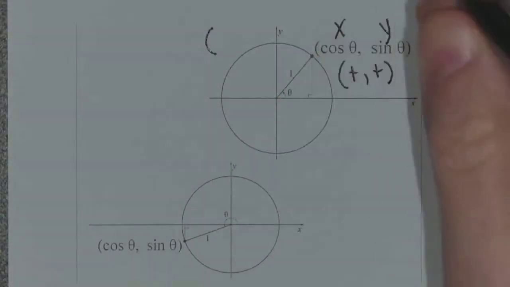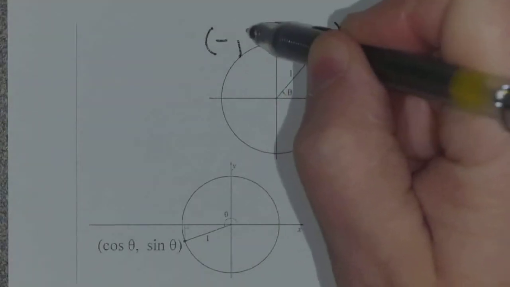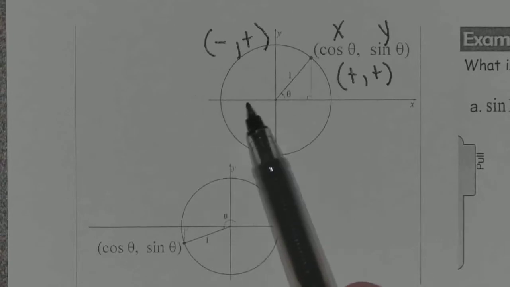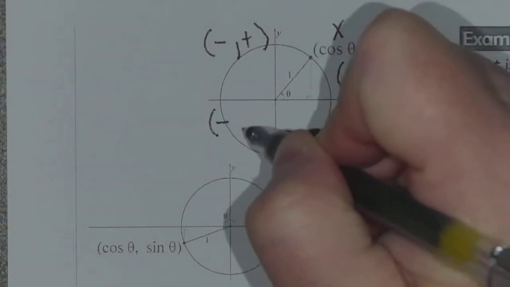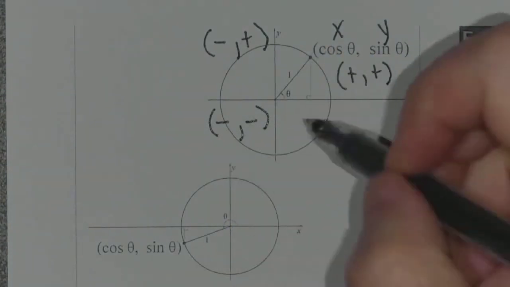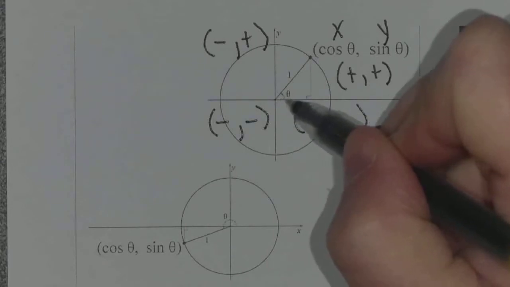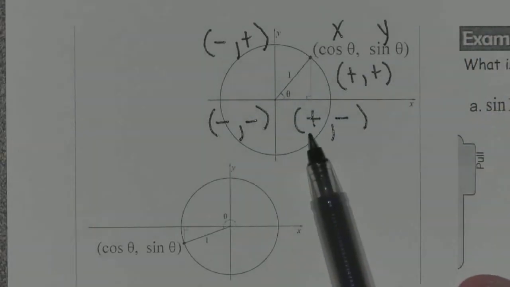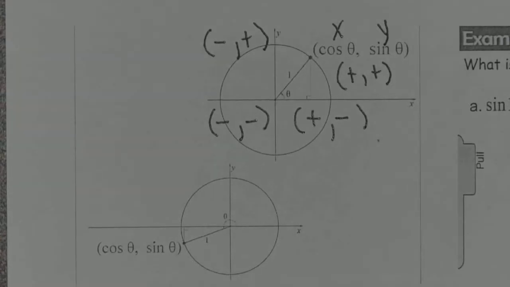In this quadrant, you'll have a negative cosine and a positive sine, because my x value is negative and my y value is positive. Down here, I would have a negative sine and a negative cosine. They both are going to be negative this time. And over here, my x value is positive and my y value is negative, which means my cosine is positive and my sine is negative.